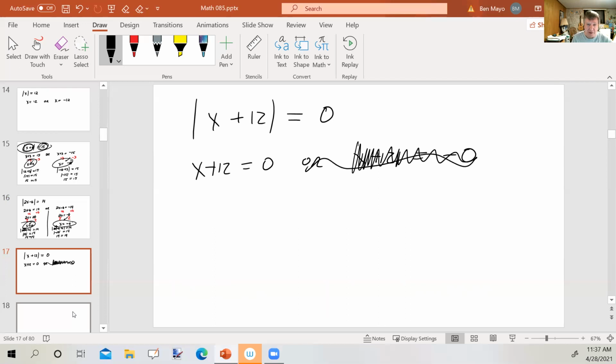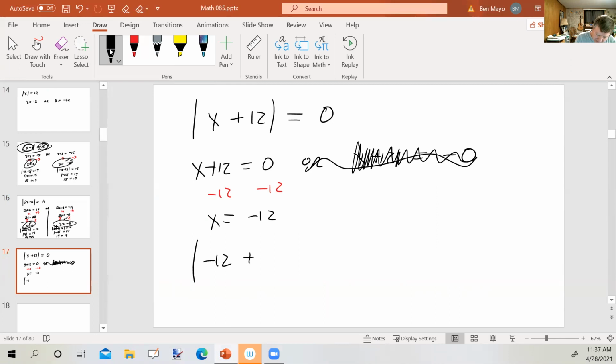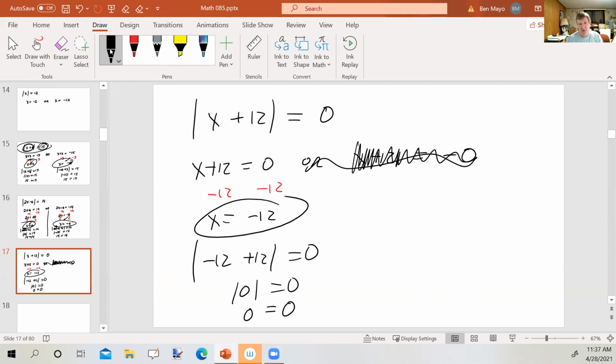So we only need to deal with one situation. Subtracting 12 from both sides, we get x equals -12. Checking our work, the absolute value of -12 plus 12 equals 0. -12 plus 12 is 0. The absolute value of 0 is 0. 0 equals 0, so we get one solution. So again, if we have an absolute value set equal to 0, it just produces one unique equation with one potential solution.